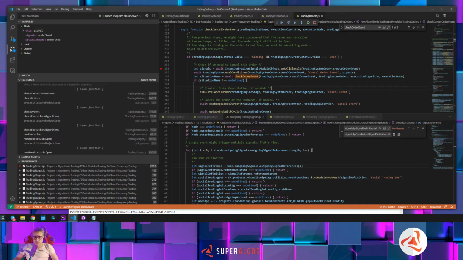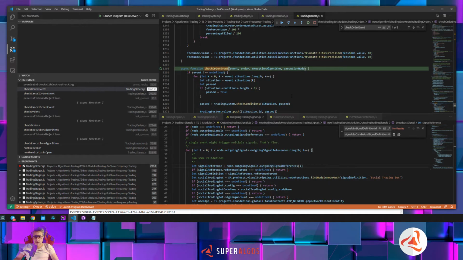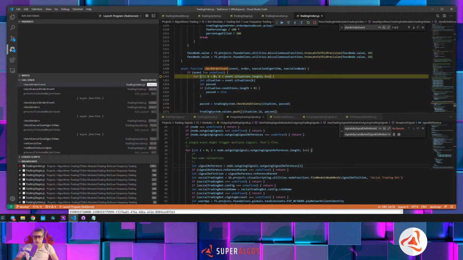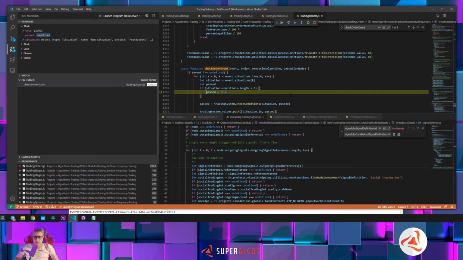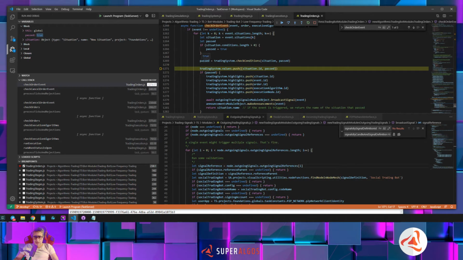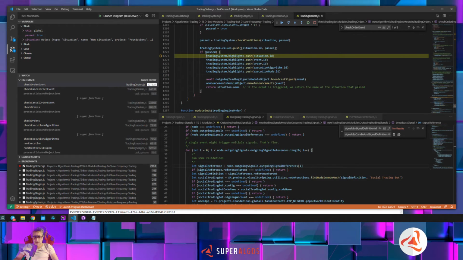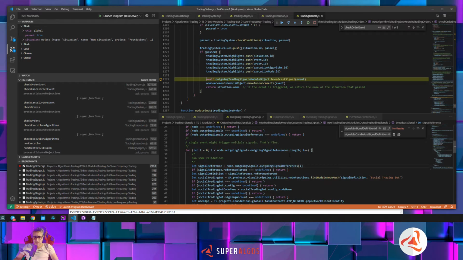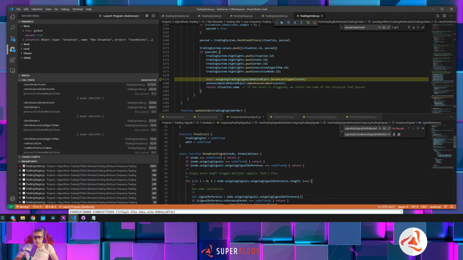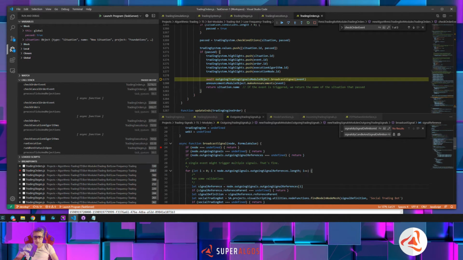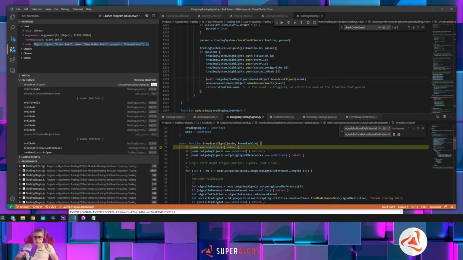So we enter here. Past true. So what happens here? I want to go to broadcast signals and F5.